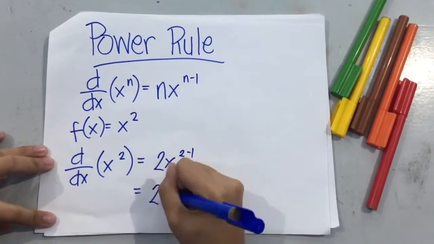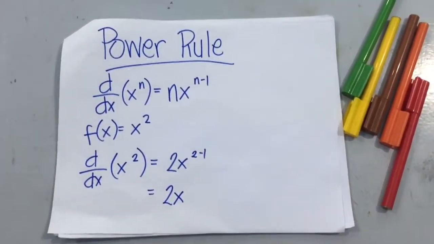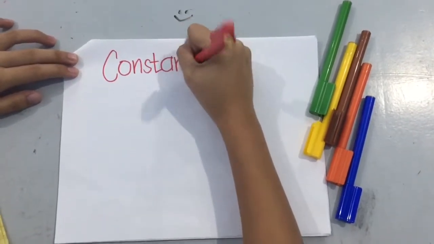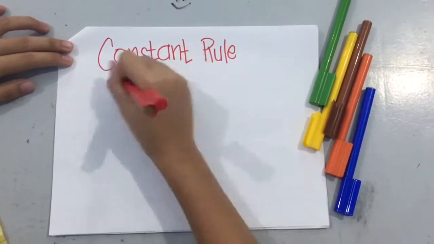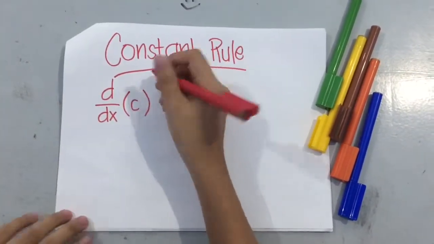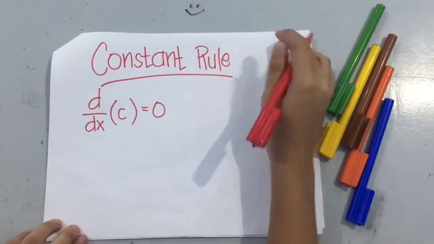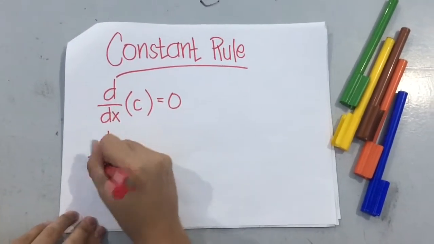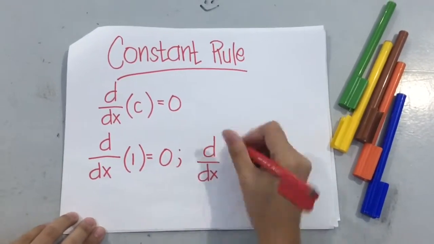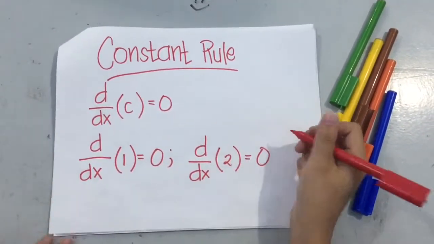The answer is 2x. For the third rule, we have the constant rule. The derivative of a constant is equal to 0. For example, the derivative of 1 is 0, and the derivative of 2 is also 0.